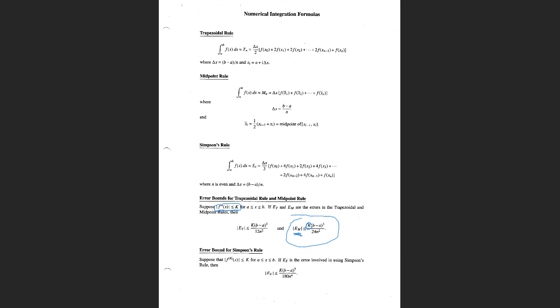But we can at least get a bound on the error. Notice it says that the error is less than or equal to this quantity here. So if we can find what that quantity is, it'll give us an idea of what our error is.